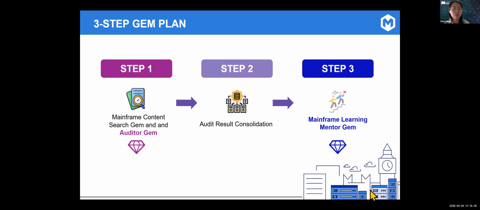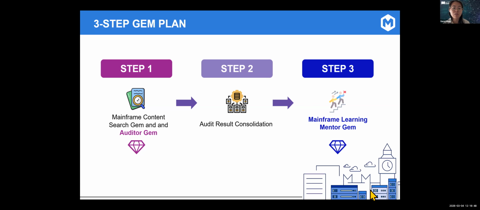We also want the learning material to be prioritized over the sales fluff in the content that was searched out. Afterwards, this auditor gem generated a packet as the audit result, which we use for the consolidation purpose.